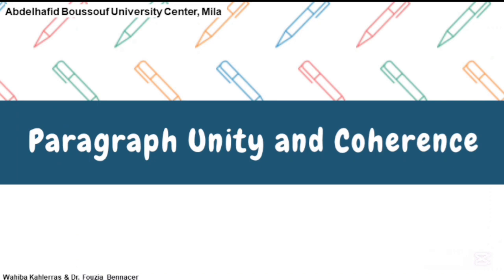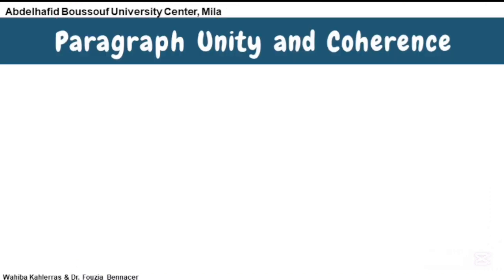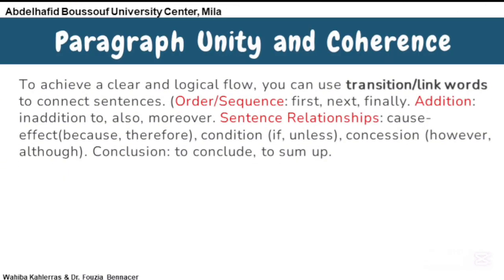Now, let me remind you of paragraph unity and coherence. Transition or linking words are used to connect sentences. For example, if you want to move from evidence 1 to evidence 2, you say first in evidence 1, next in evidence 2, last evidence you say finally.